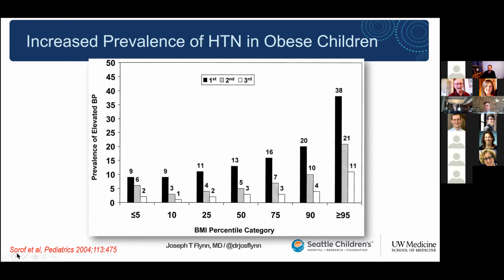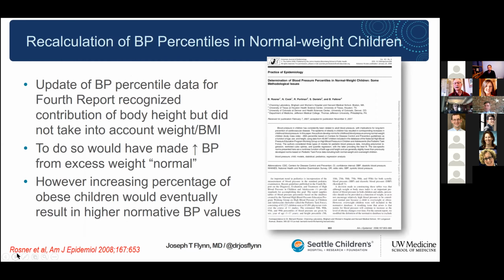And so actually, I think the paper that Derek really was highlighting with this talk was this paper, where Dr. Faulkner and Dr. Rosner and a few other people thought it was important to look at the blood pressure data in a different way, because what is the impact of having these overweight children in the normative blood pressure database?